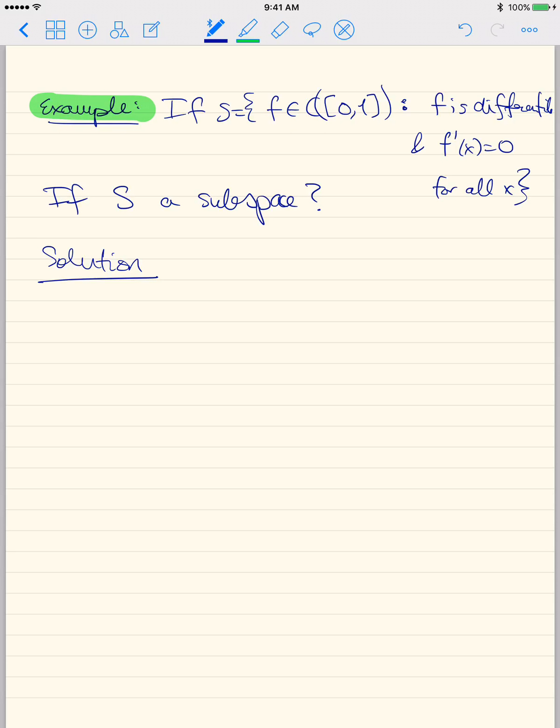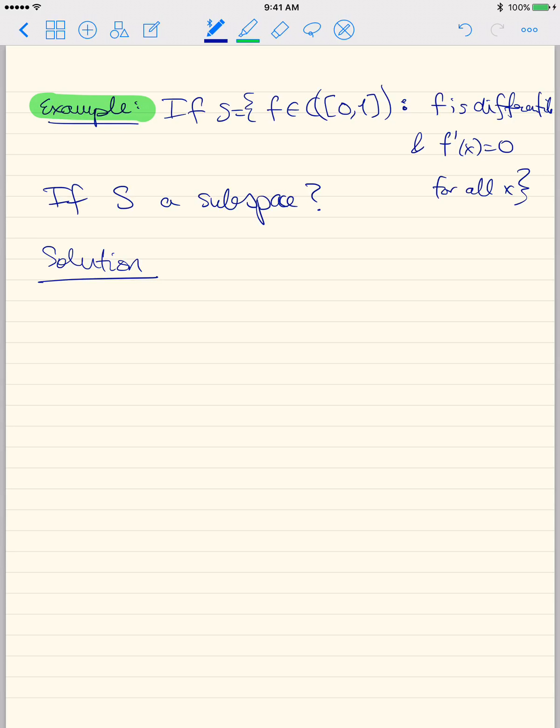So the first question you want to ask when you're checking whether something is a subspace, well, actually, the 0th question you want to ask is, what does it mean to be a subspace? When you answer that question, you'll have a checklist, and then you can start working through them. So what does it mean to be a subspace? Contains a 0 vector, and closed under scalar multiplication, and closed under vector addition.